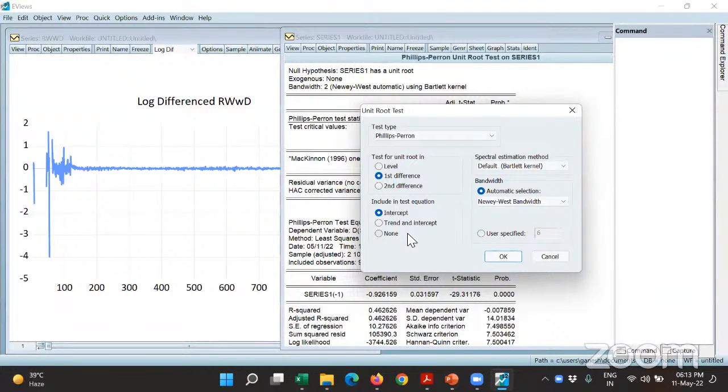It's not that you report the results of four tests, DF, ADF, KPSS, Phillips-Perron, along with a test equation which has an intercept, a test equation which has trend and intercept, and a test equation which has none, all three options. So four tests with three options, four into three, that means twelve statistics you are reporting. That actually shows that you don't know the stationarity concept itself. So don't do that.